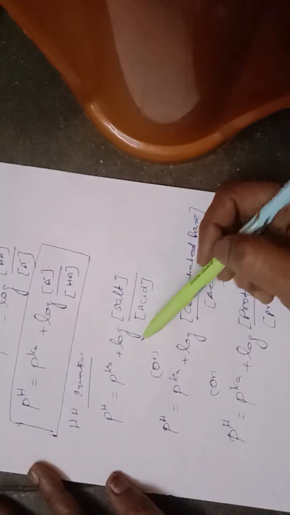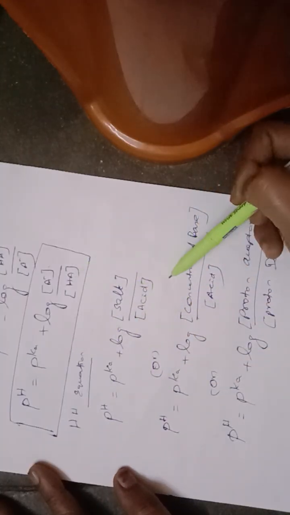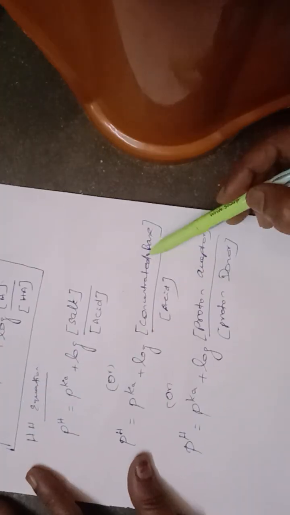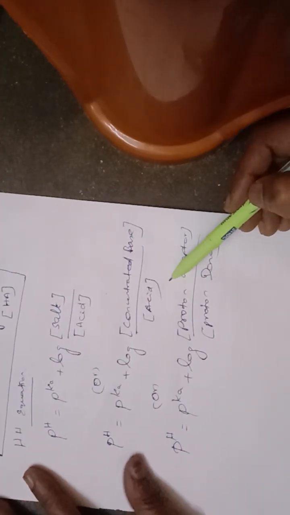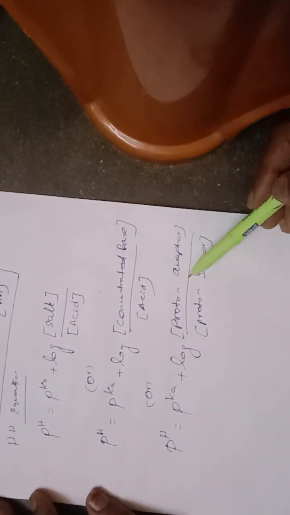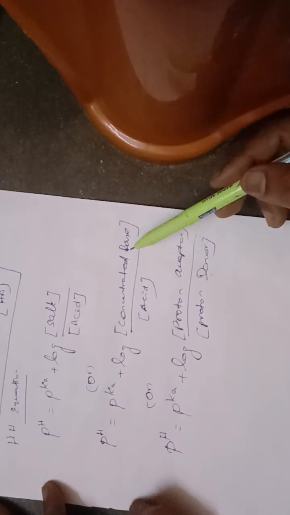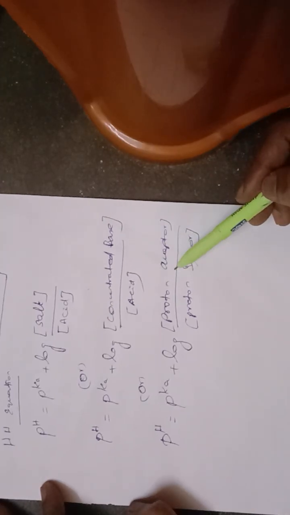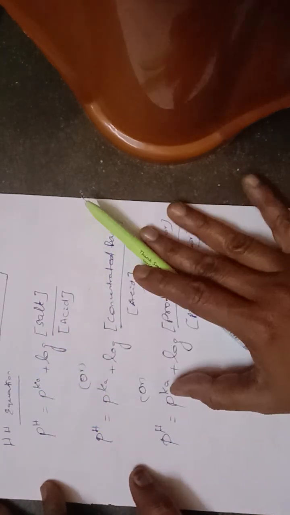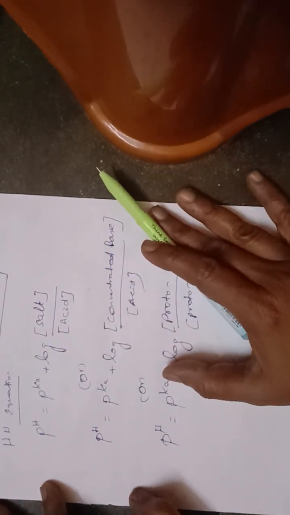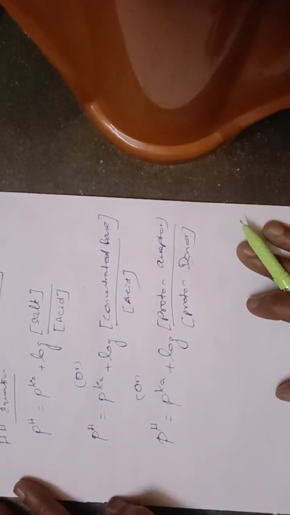So this is finally denoted as the Henderson-Hasselbalch equation, pH equals pKa plus log salt by acid, and sometimes called concentrated base by acid, or proton acceptor by proton donor. These are the final steps of the equation. I hope everyone is clear about this equation.